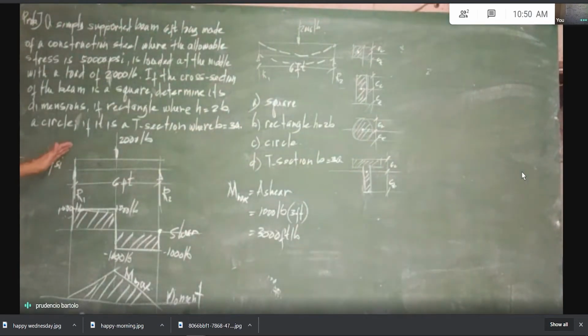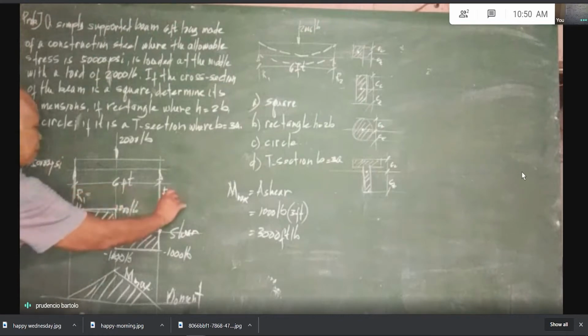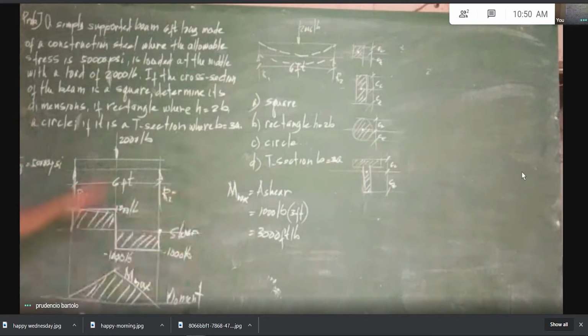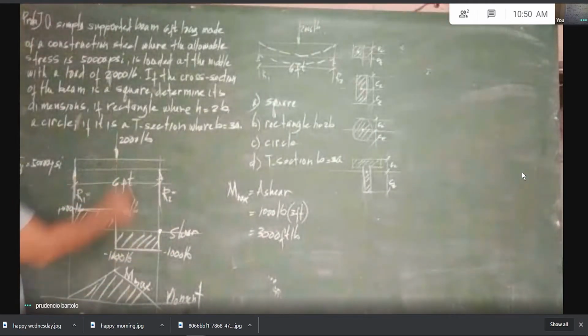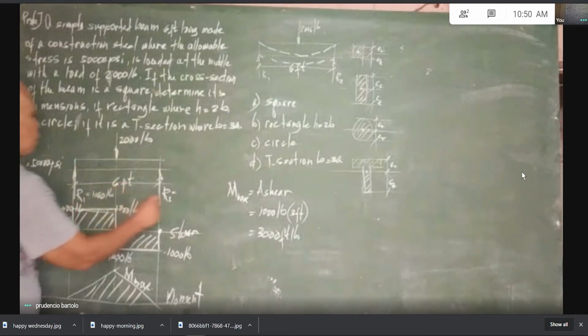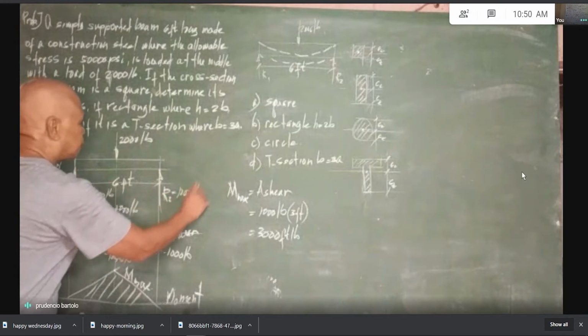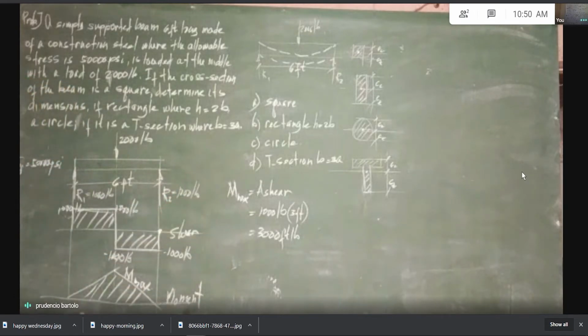So from the diagram we have here, we can consider the values of the reactions. Simply because this is loaded at the midsection, each reaction will be equivalent to 1,000 pounds. If we project the shear and moment diagram, for the shear, from 0 in here, we go up by 1,000.